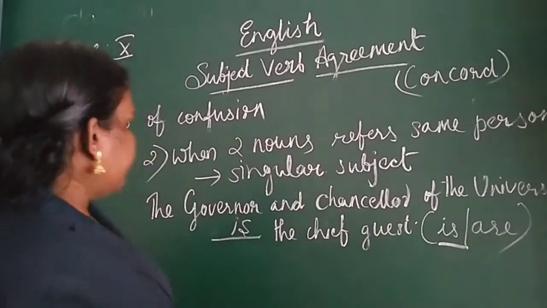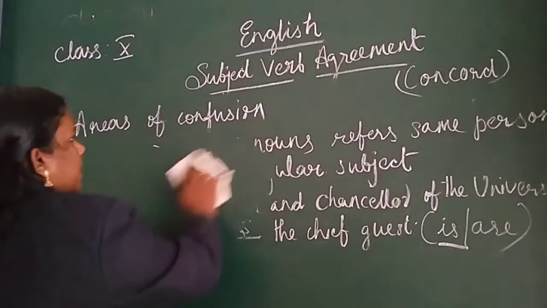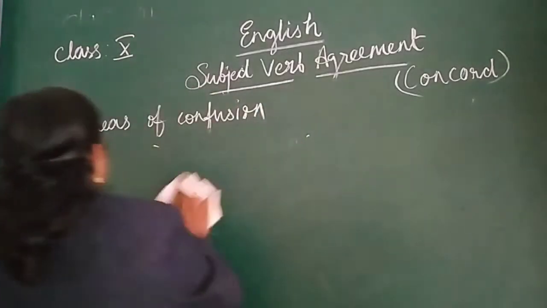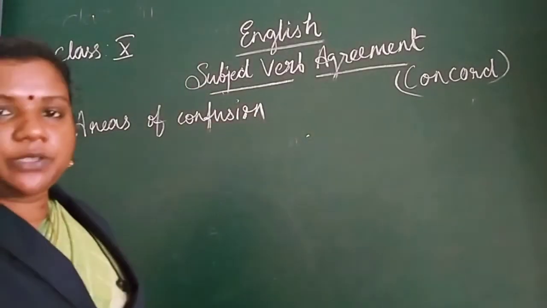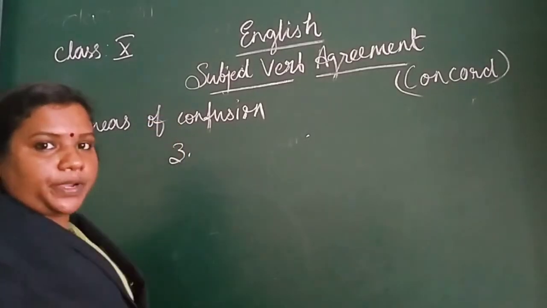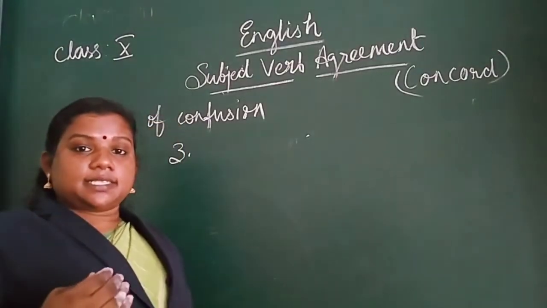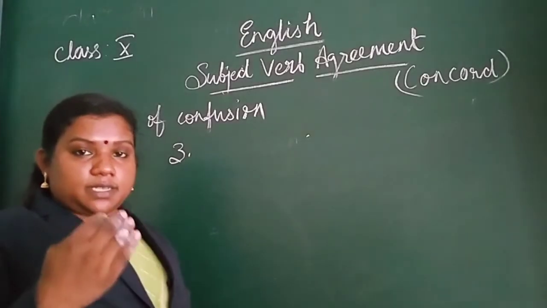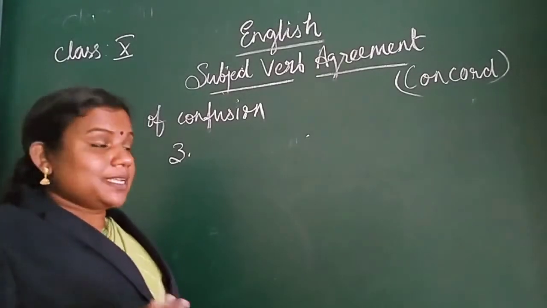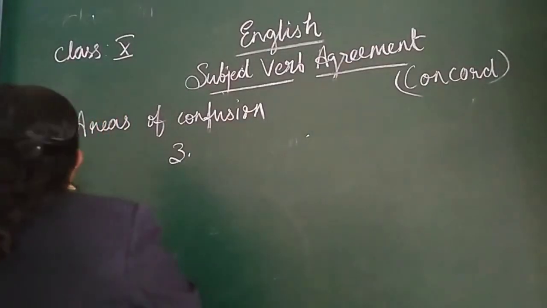Here a lot of points are there in subject-verb agreement. Now the third point. When in a sentence there is one noun, and along with that noun there are some words, which words?